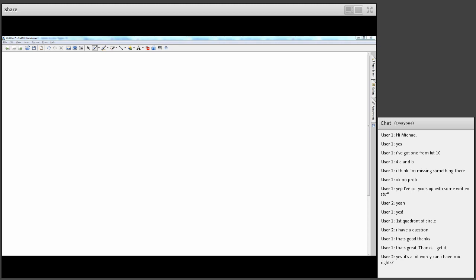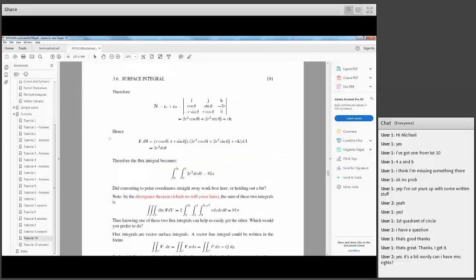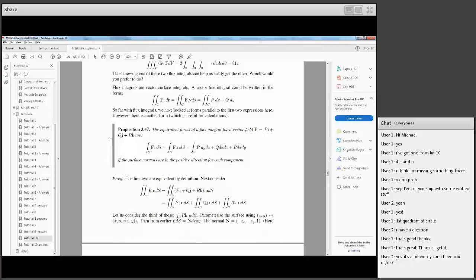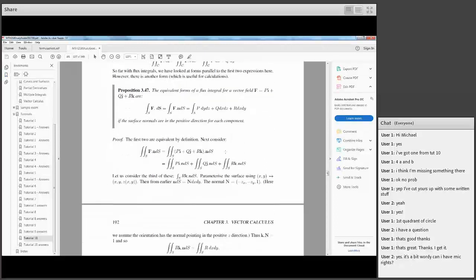So on the study guide page 191 gives a comparison between three forms of vector surface integrals.